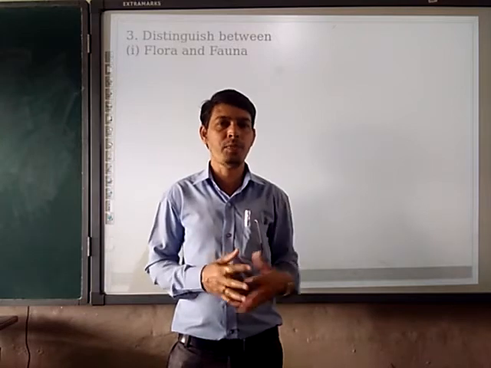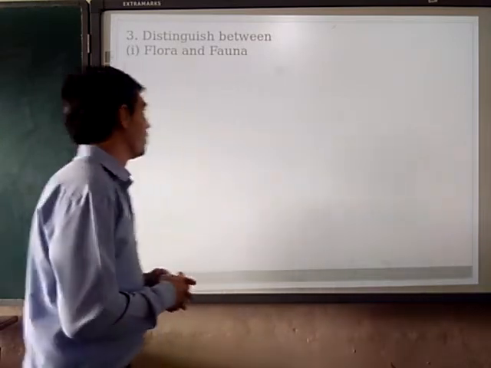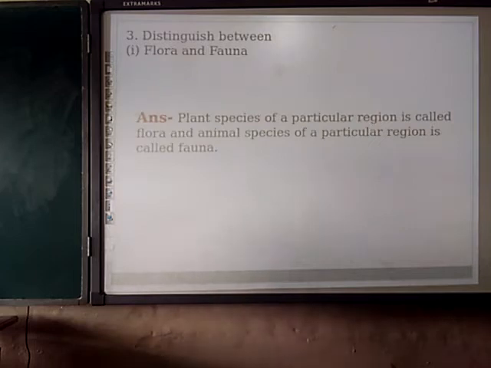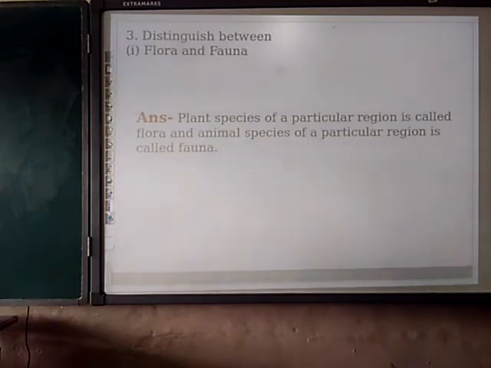So like that you have to frame your answer and write. You can write more points. Plant species of a particular region is called flora. Animal species of a particular region is called fauna. You can add to this. You can make your own differentiation. You can write your own points.